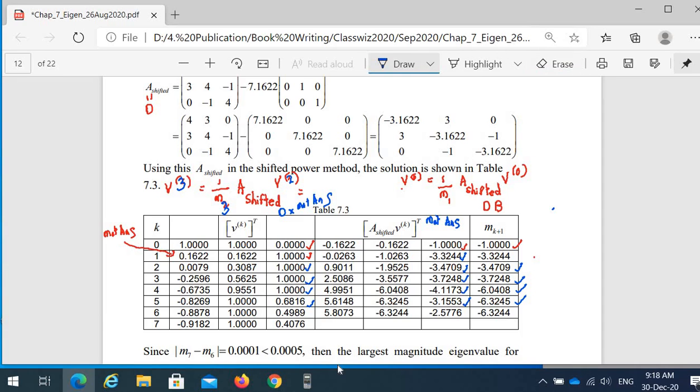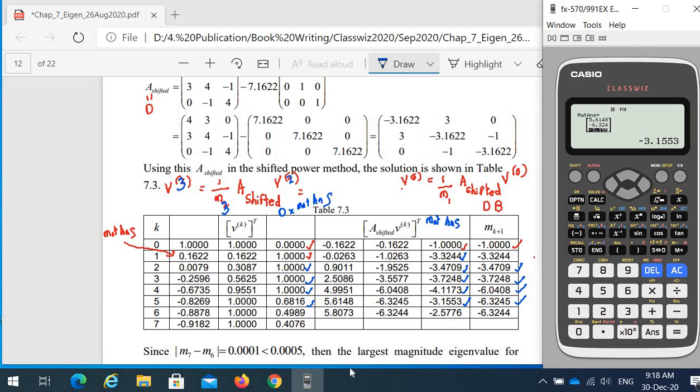V6, you take A shifted V5, multiply, divide by here. Where the A shifted V number 5 is stored in the max answer, so you divide by negative 6.3245. So this is your V6.